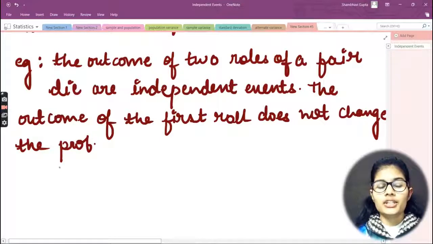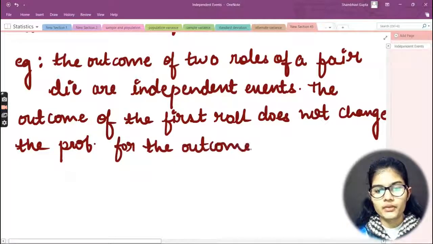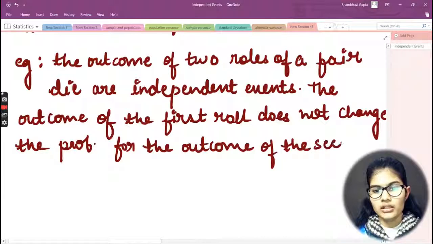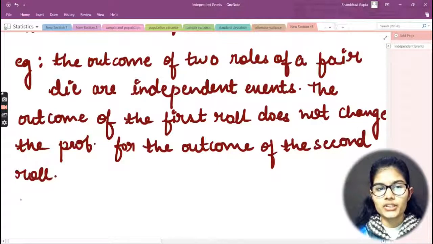So the outcome of the first roll does not change the probability for the outcome of the second roll.